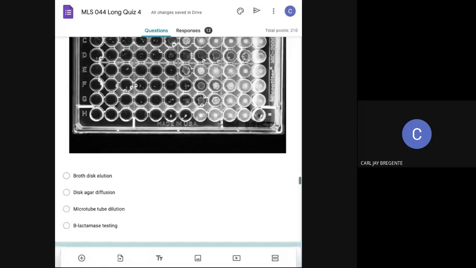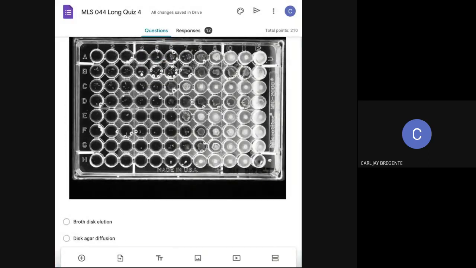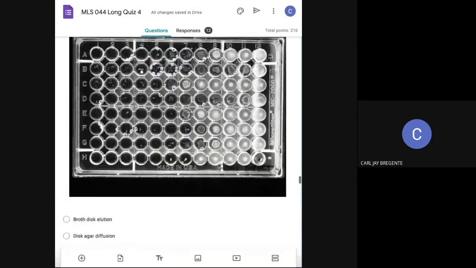So microtube dilution is the only possible choice. For microtube dilution, of course, you will check the MIC and the MBC. The MIC is the minimal inhibitory concentration, the lowest concentration with no turbidity in the tubes.